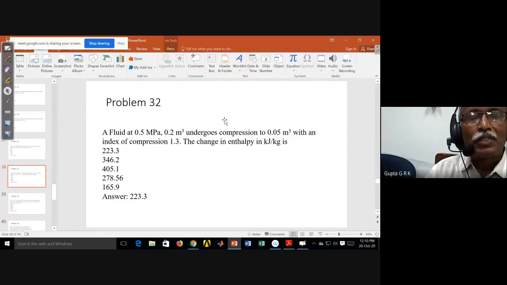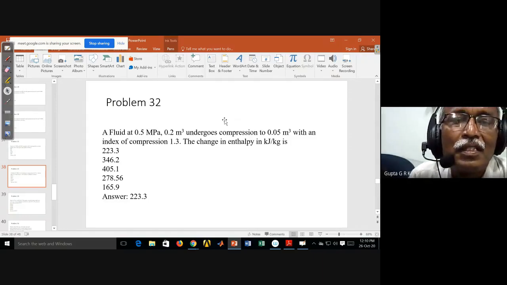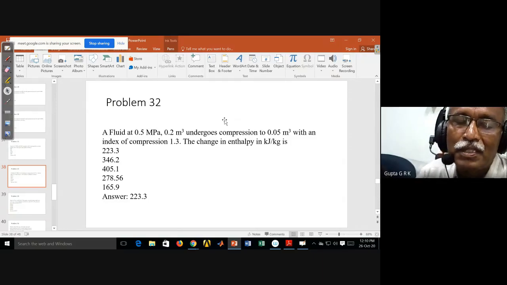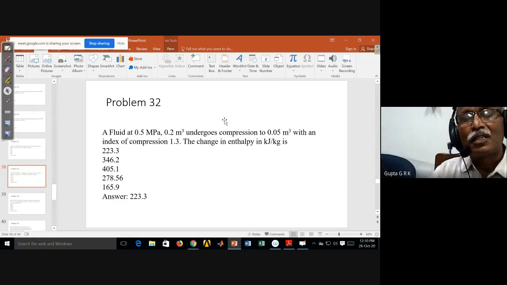A fluid at 0.5 megapascal, 0.2 meter cube undergoes compression to 0.05 meter cube with an index of compression 1.3, and the change in enthalpy is asked.